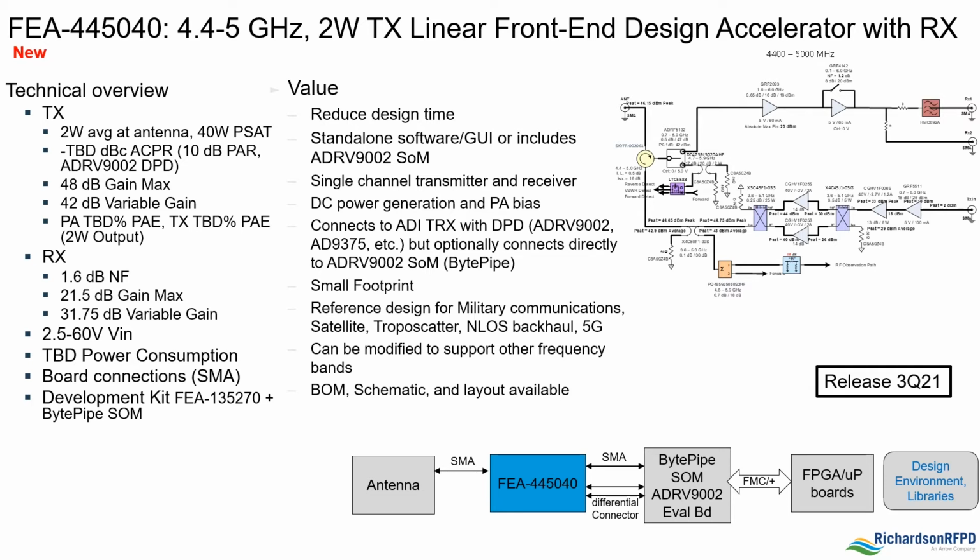The 2-watt output is assuming a 10 dB crest factor signal and a 50 dB ACPR. Please note that its output power could be a lot higher using a waveform with a smaller peak to average value. The noise figure listed is a system noise figure, not including the SOM, although the SOM shouldn't affect the system noise figure very much.